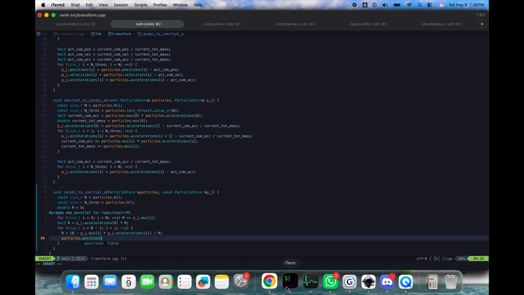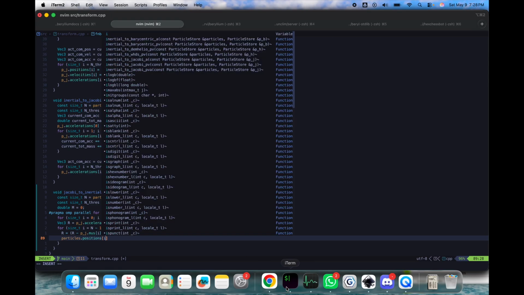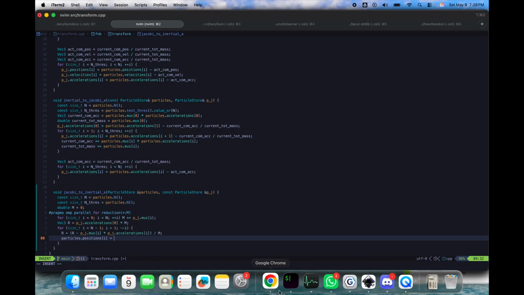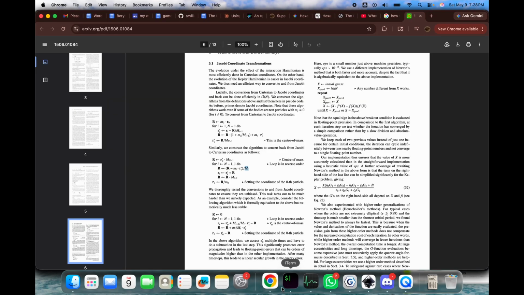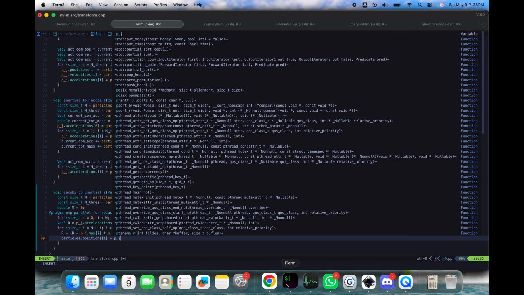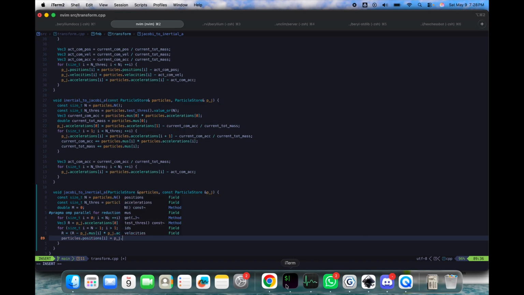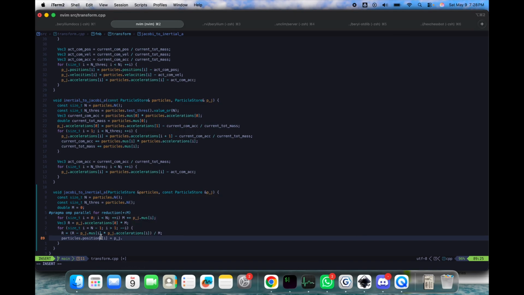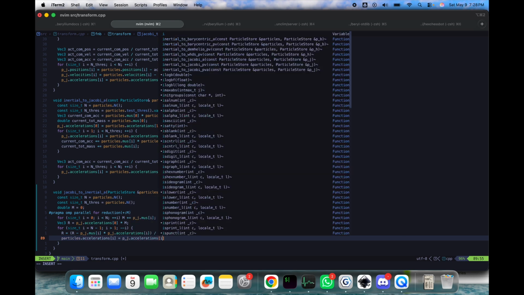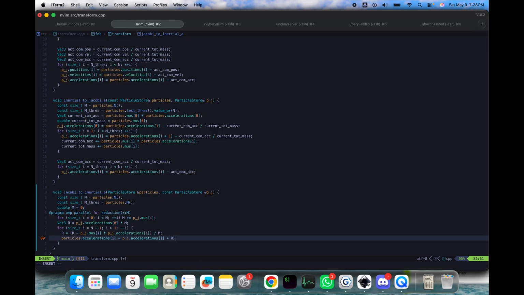Particles dot positions index I equals PJ dot particles index I plus R. Accelerations index I plus R.